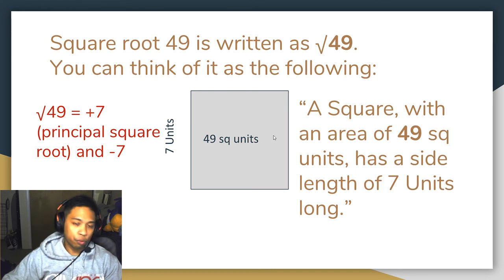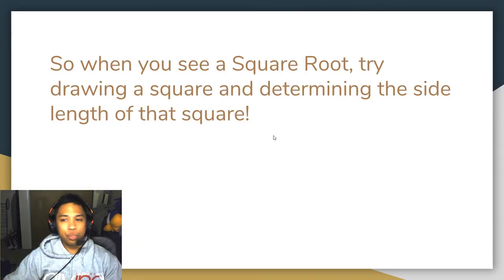The square root of 49 equals positive 7 and negative 7. Again, we're only focusing on the principal square root when we're talking about geometric figures. So when you see a square root, try drawing a square and determining the side length of that square.